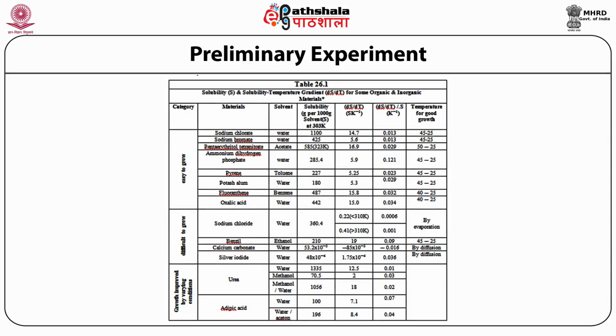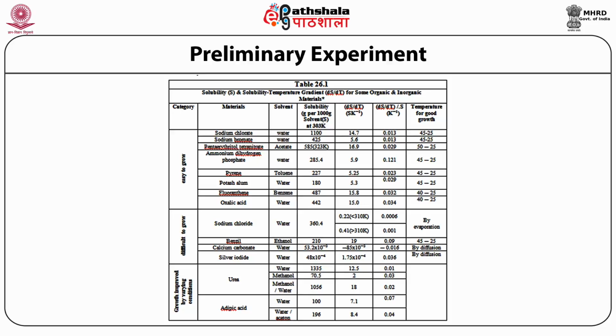Table 26.1 provides data on solubility S and solubility temperature gradient dS/dT for some organic and inorganic materials. It provides information on the category of materials which are easy to grow, difficult to grow, or growth improved by varying conditions.